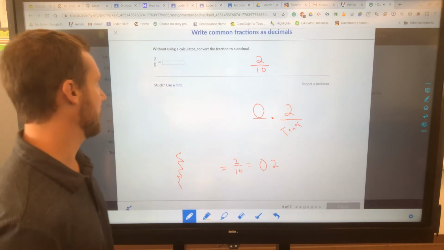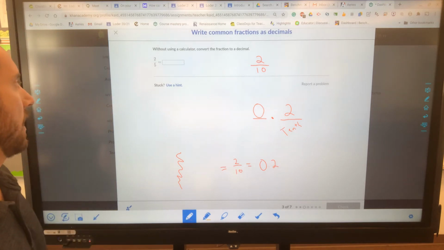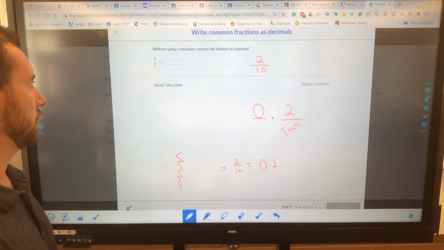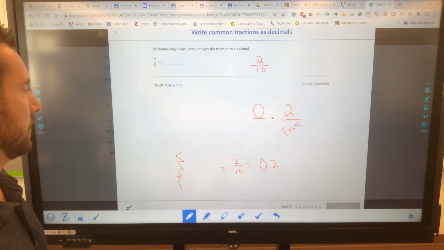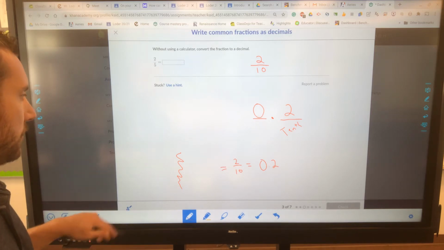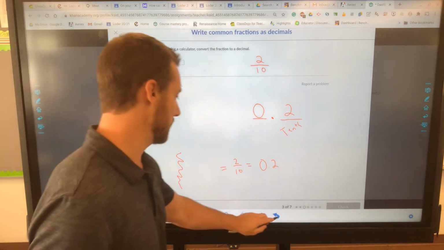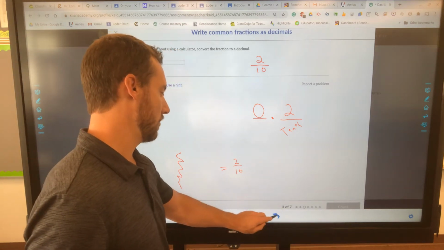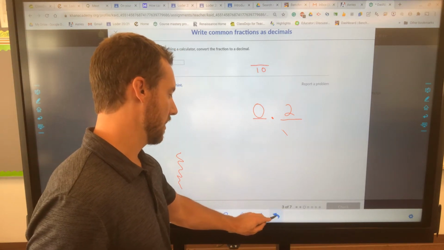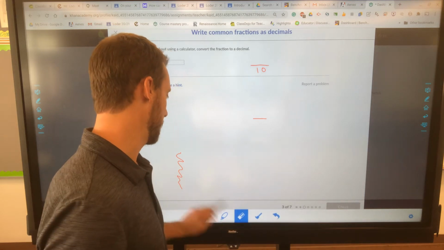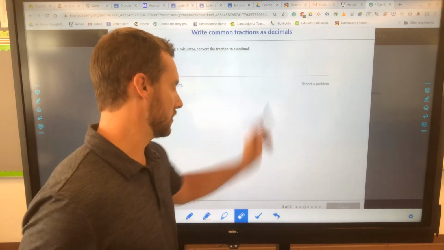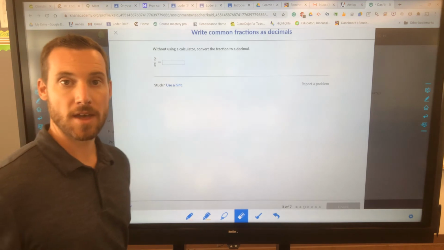Okay, so in this case, they want us to convert 2/5 into a decimal. So I'm going to do it the opposite way. I showed you how to do it with a fraction bar.